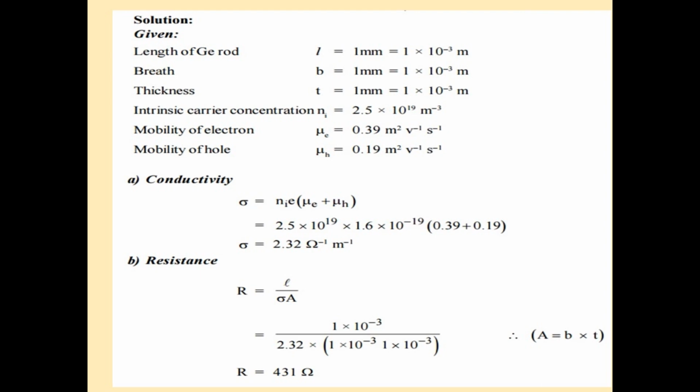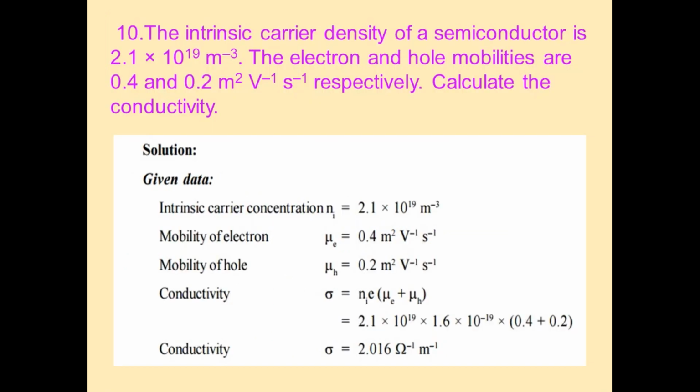So in the place of rho, if we substitute 1 by sigma, resistance of the rod R is L by sigma A, where L is length of the rod, A is area of cross section of the rod. Area of cross section is breadth into thickness. Substitute the values: 10 power minus 3 by 2.32 into 10 power minus 3 into 10 power minus 3. We get the resistance of the rod as 431 ohms.